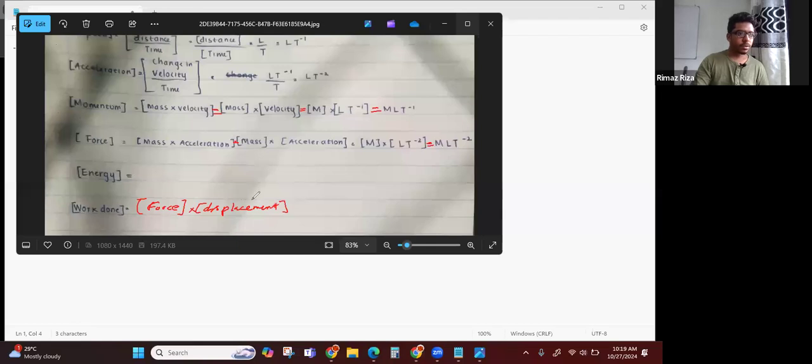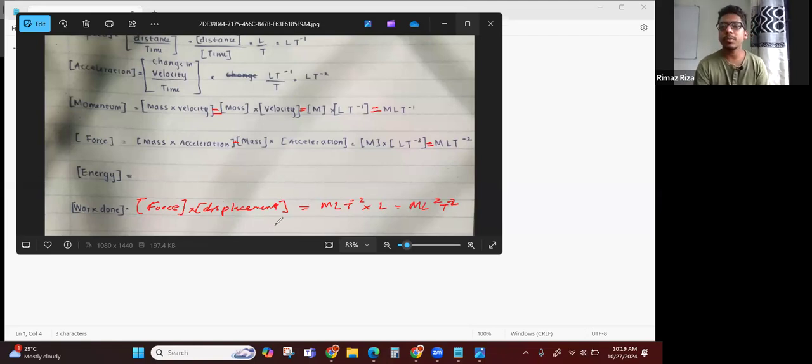So we can write force, which we have found as M L T minus 2, into displacement L. Therefore M L squared T minus 2. Therefore the work done dimension is M L squared T minus 2.